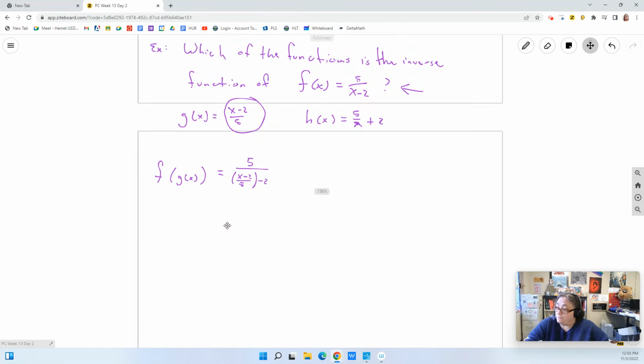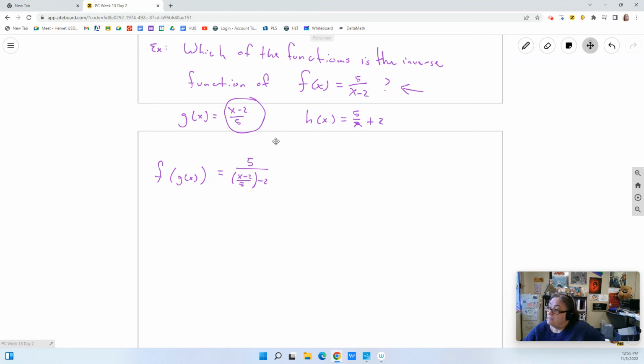So I'm going to deal with it. And the way I'm going to deal with it is I am going to start by getting rid of the 5 on the bottom. Because if I multiply everything times 5 over 5, I can get rid of that 5 in the denominator, can't I?